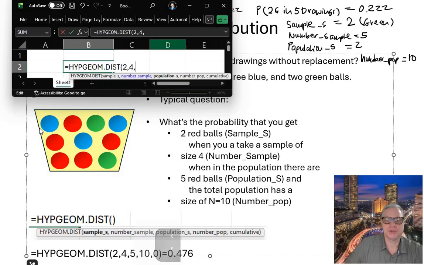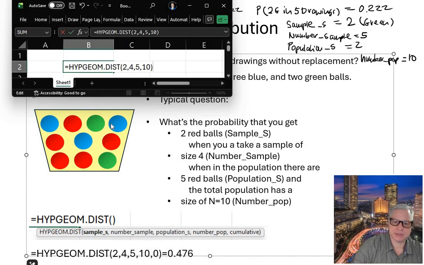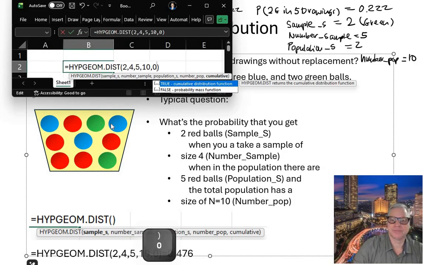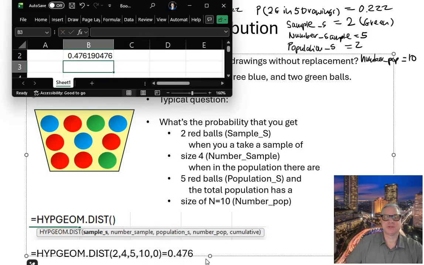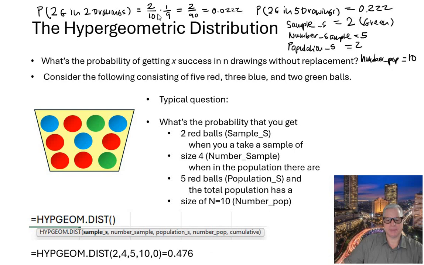How many red balls are there in the entire bowl? We have 5, and a total of 10 balls. Forget the cumulative, so 0. So it's 0.476, which you see here at the bottom.